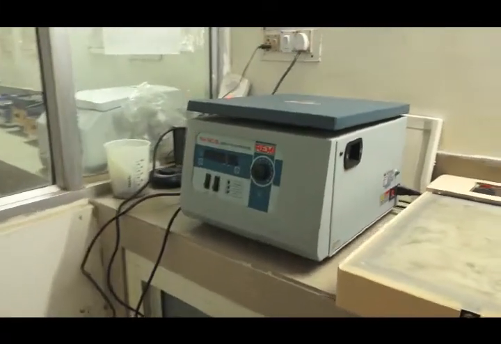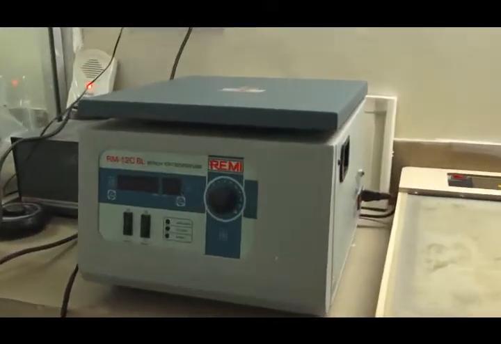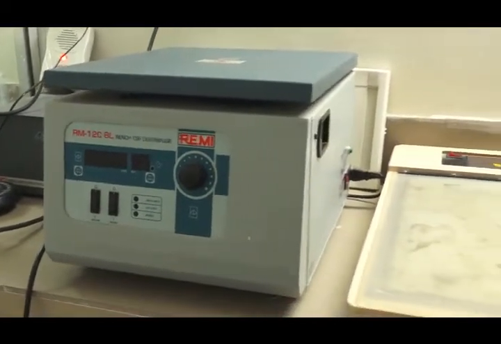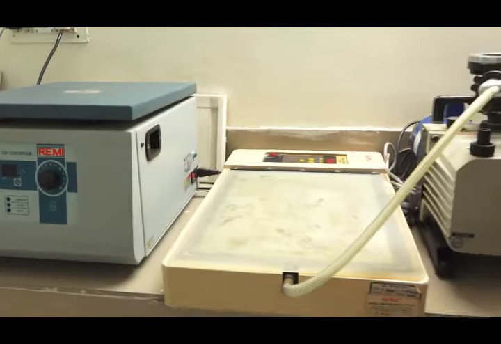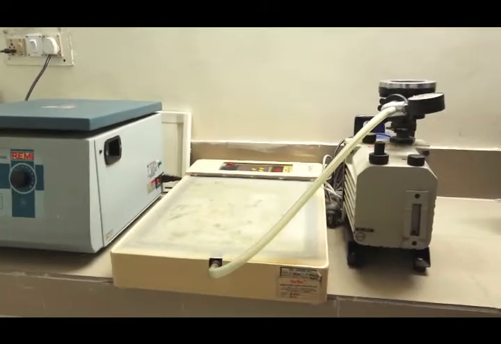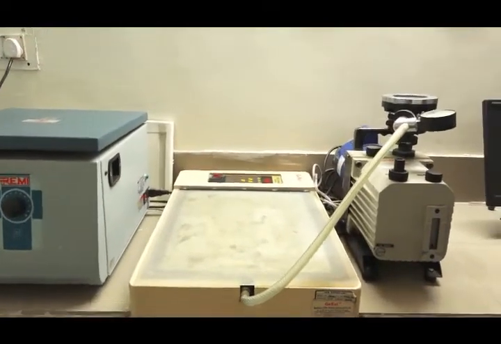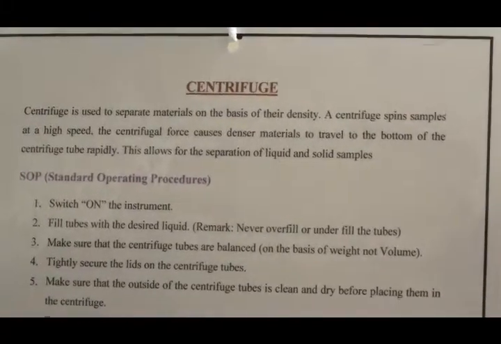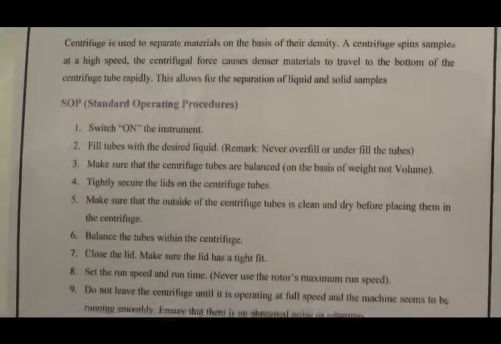Here is another benchtop centrifuge. This is the gel dryer, which is used to dry the gel in electrophoresis evenly and uniformly to eliminate cracking. The SOP of the centrifuge. All of the SOP is written over here along with the precautions.